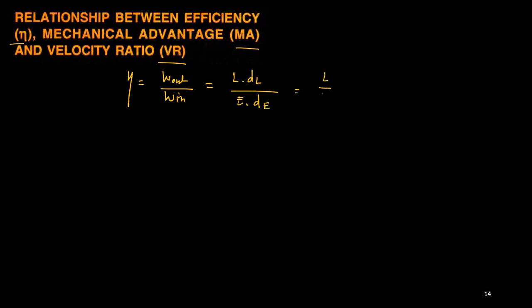Load by effort is the mechanical advantage, and that displacement ratio is the velocity ratio. So efficiency is mechanical advantage by velocity ratio. From this, I get the relation: efficiency (eta) times VR equals MA.